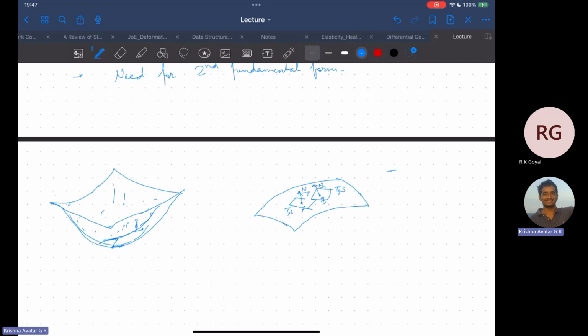So we want to measure the change in the normal vector, which gives us, in the local neighborhood of a point P vector, a measure of curvature.